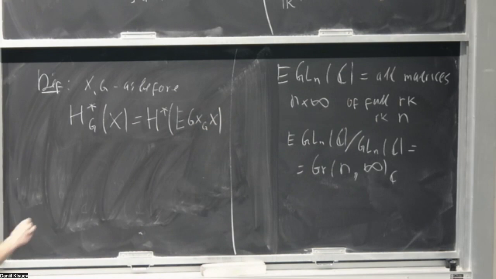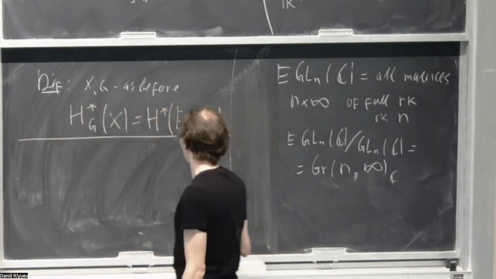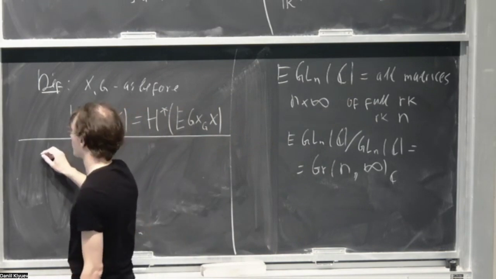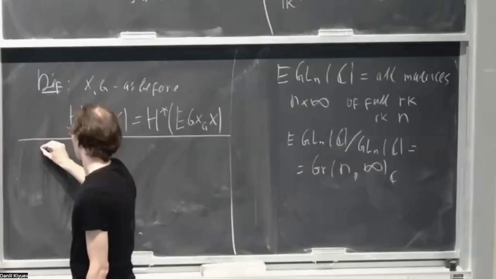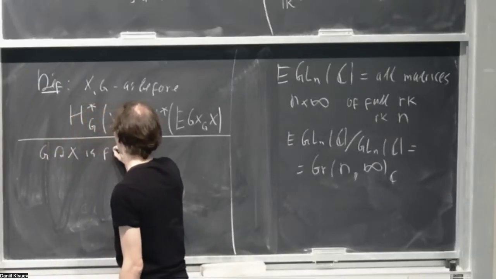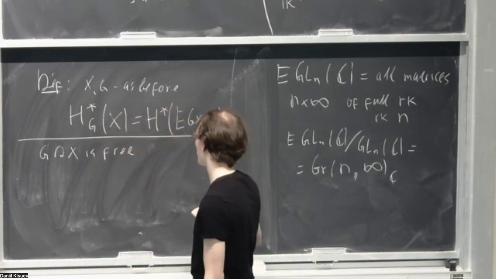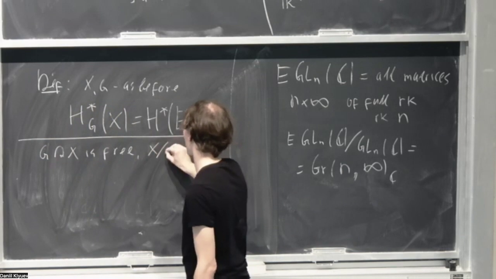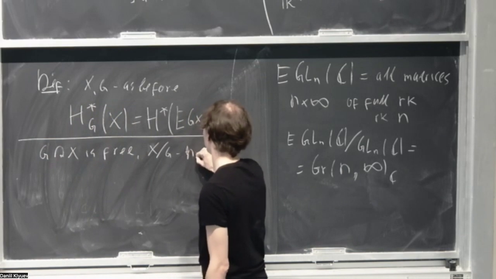Okay, so let me do some basic examples. Let's assume that the action of G is free. In this case, X over G is also a nice topological space.